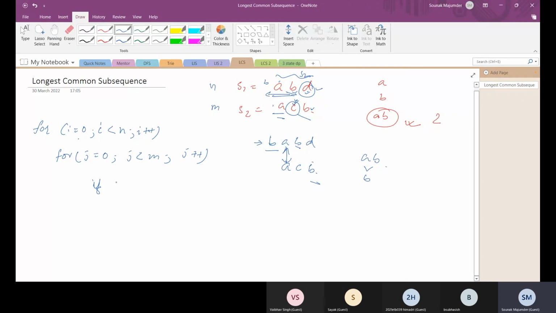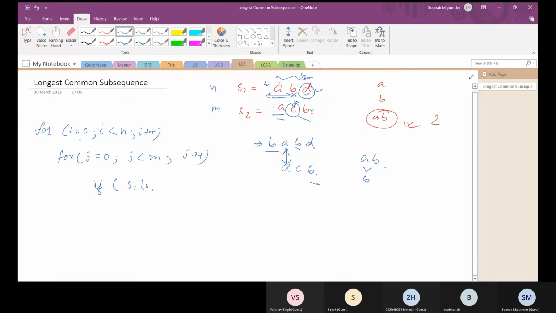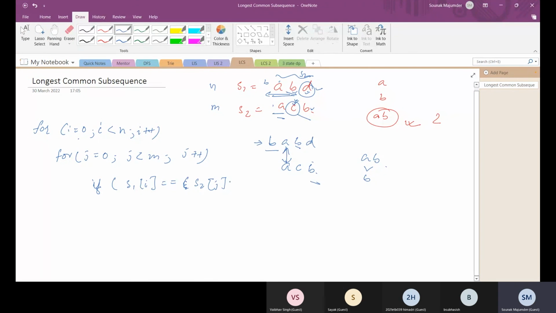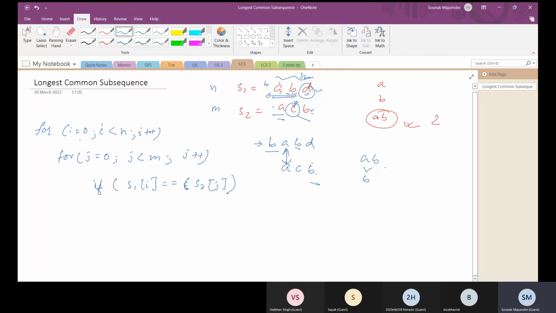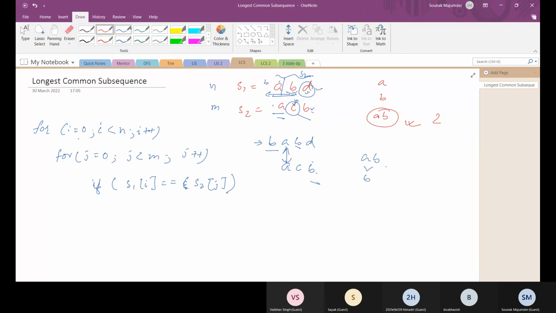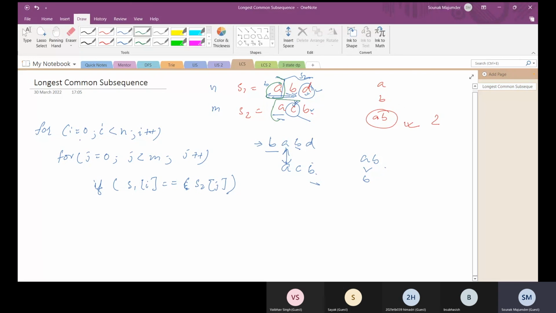From our discussion, if s1 of i matches s2 of j, then we will obviously keep this in the LCS, and we will ask for some LCS that is made using this part and this part.